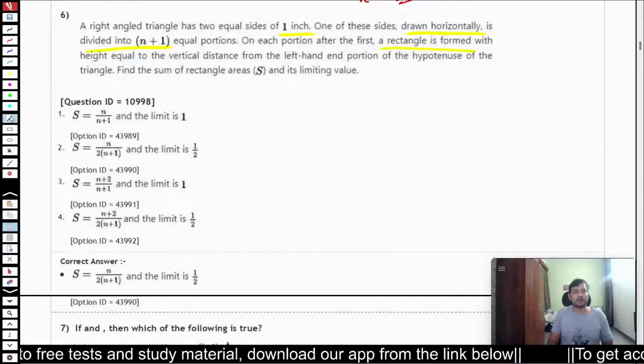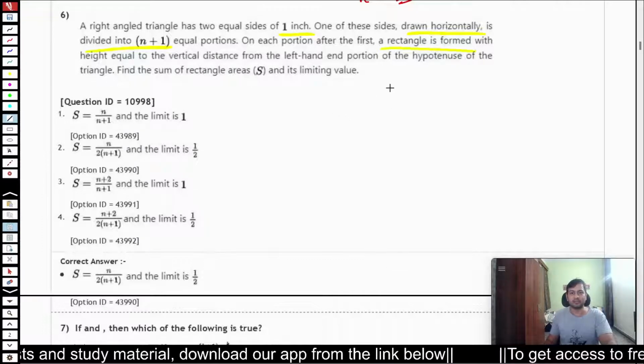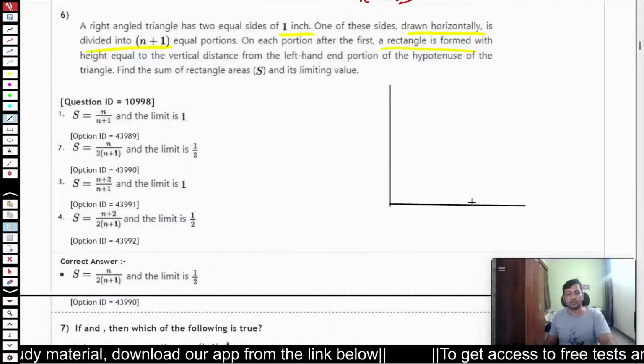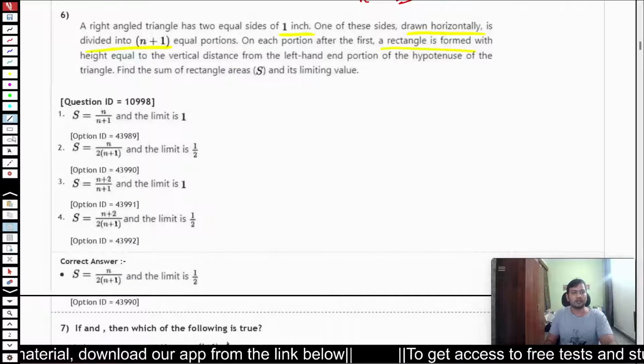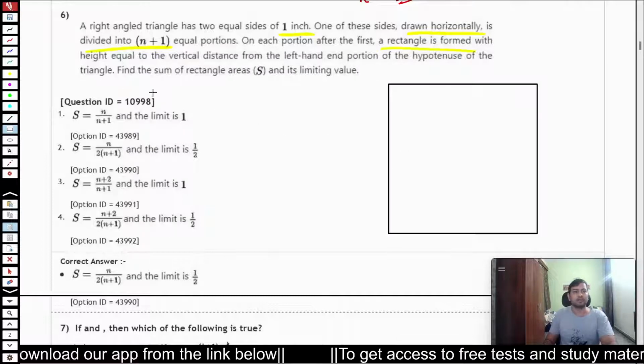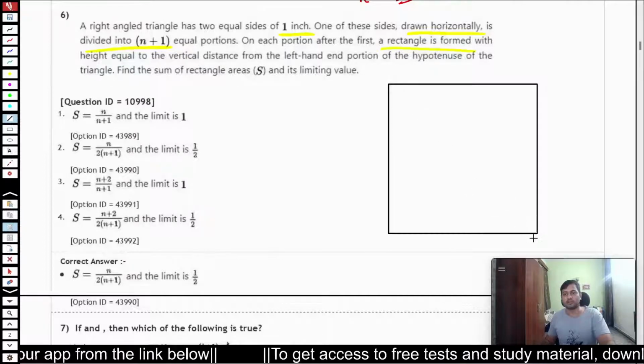So what is happening here is that first we make a right angle triangle. In fact, it is better if I make a square. And then in this, just consider this bottom left triangle.